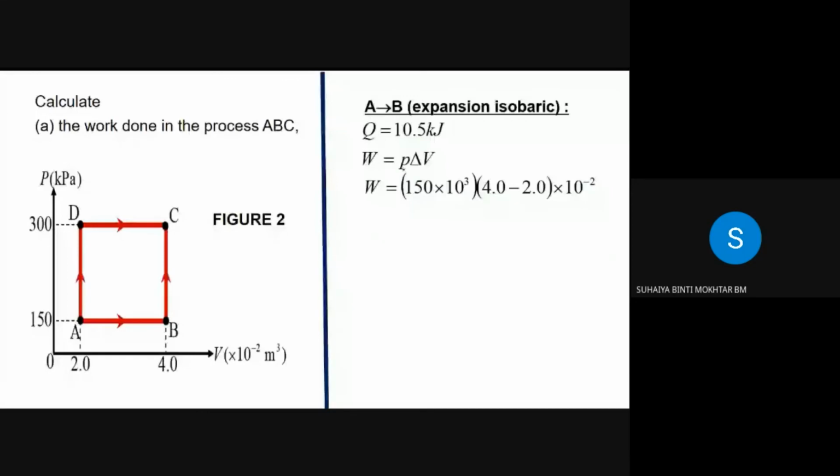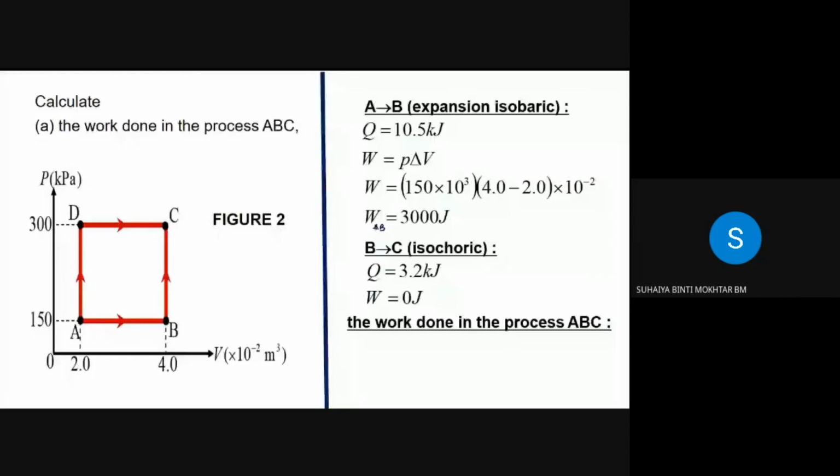So you get here 3000, ini work done AB. Okay, process isobaric. Okay, now work done isochoric 0 lah. Okay, isochoric 0 work done. So total ABC, so you get 3000 lah. WBC is 0. Okay, so you get 3000 joule work done process ABC.